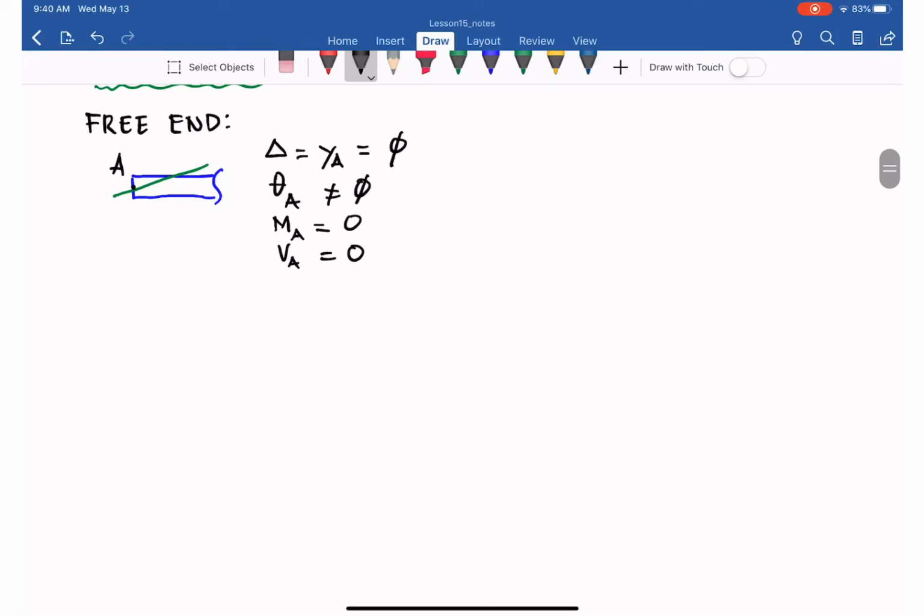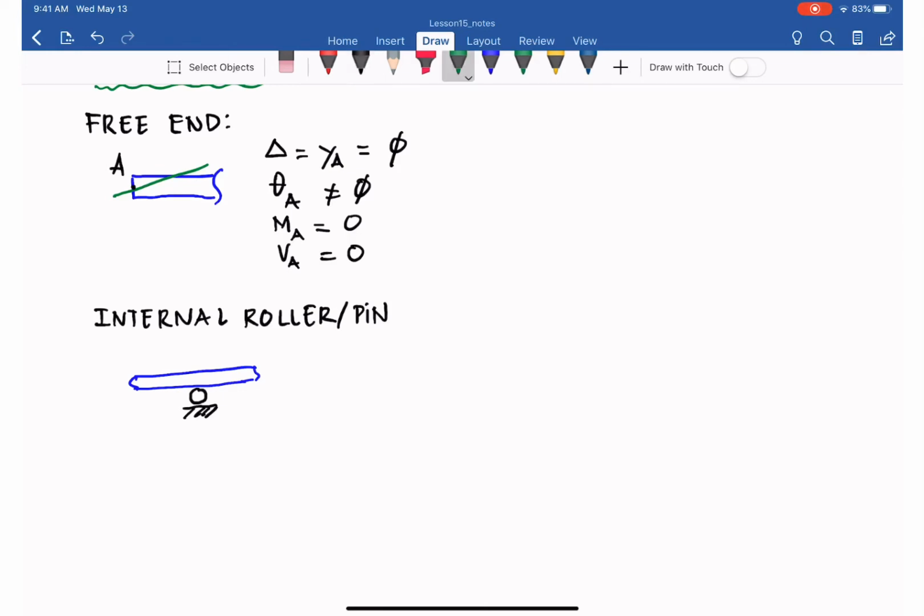And then we have internal roller or pins. What happens when we have internal roller or pins? Internal means in the middle of the beam. Here we have a roller or a pin. Then, as you can see, depending on the load on the left or the right, the angle of deflection can go left, go right, or both.